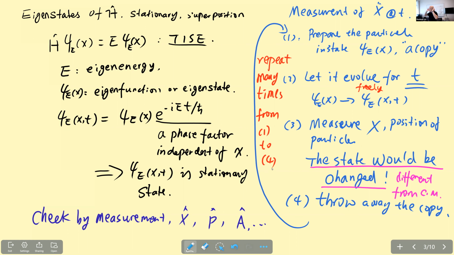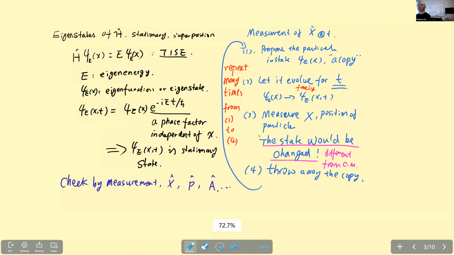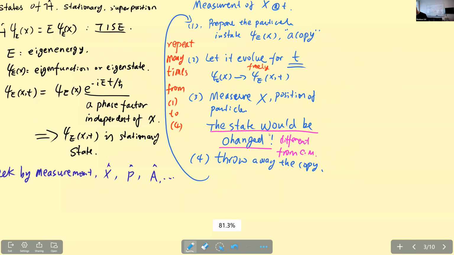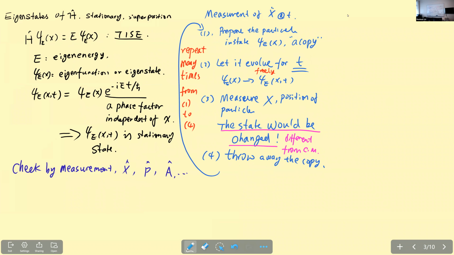So this is something that you really have to keep in mind. Then you are measuring x on many identical copies, okay?